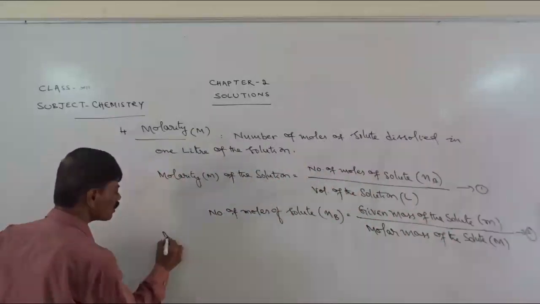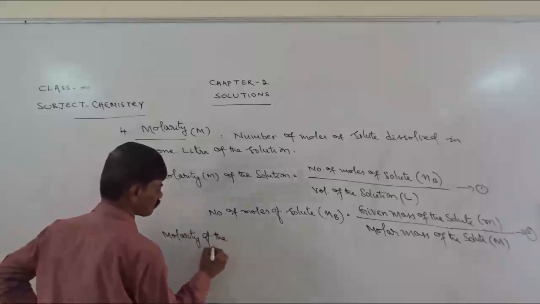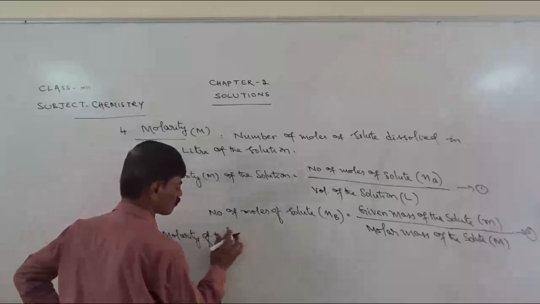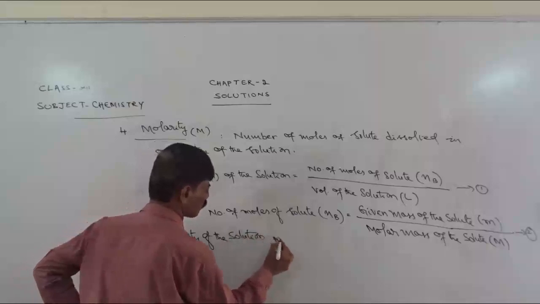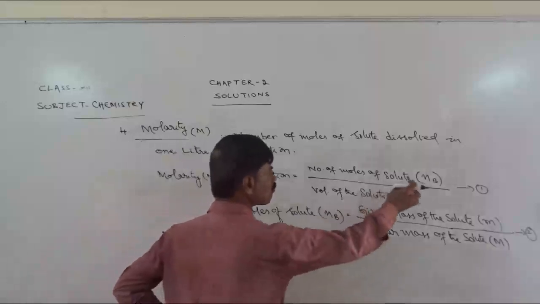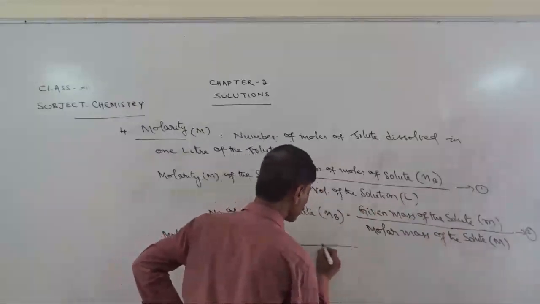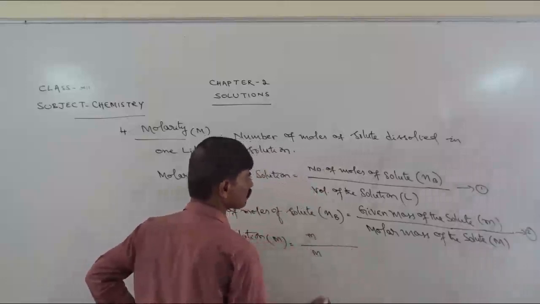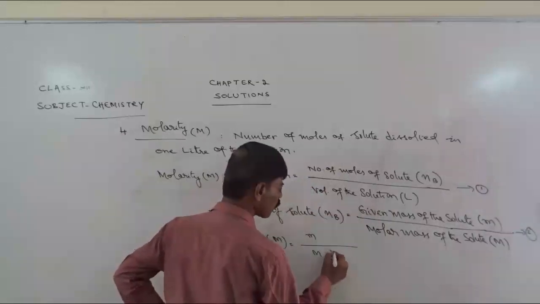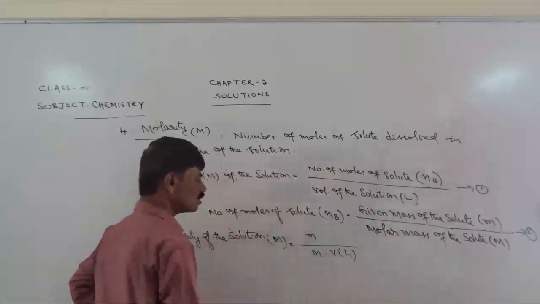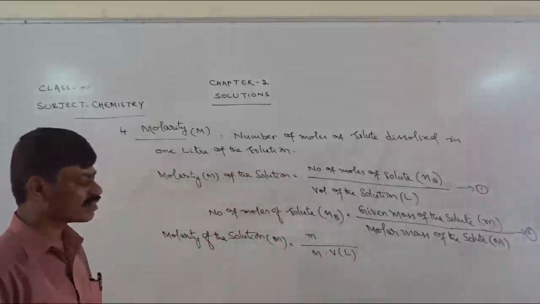As a result, we will get molarity of the solution equal to the number of moles of solute n_B, but n_B is equal to small m by capital M. Next, divided by the volume of the solution in liters. So this is the required formula. That's how we calculate molarity of the given solution.